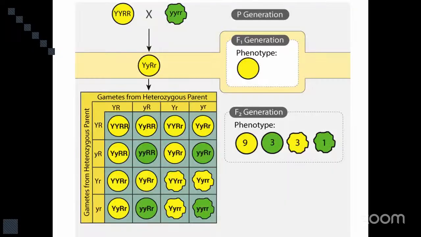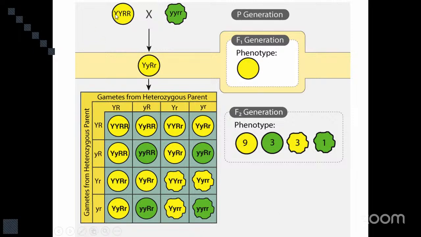So, in the popular Punnett square crossing of Mendel, what you get to see is the fact that the yellow color is dominant over the green color, and the round seed is dominant over the wrinkled seed. So if you look at this particular crossing, you will appreciate what is happening.